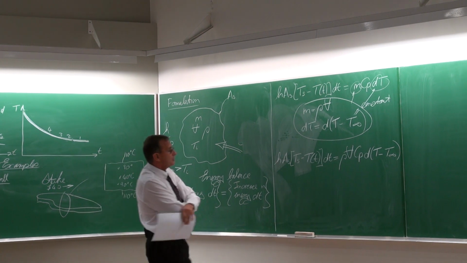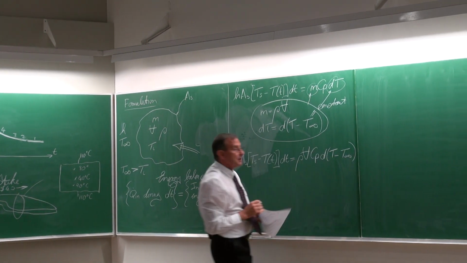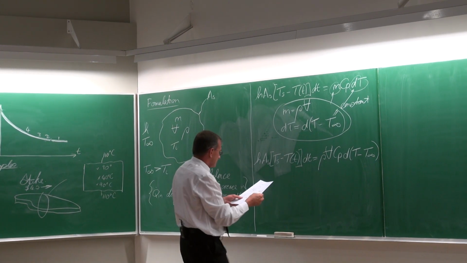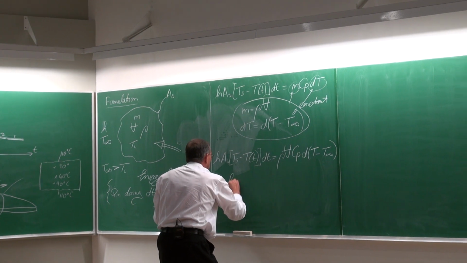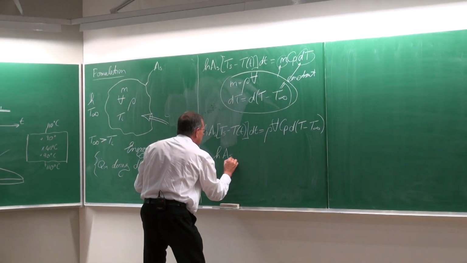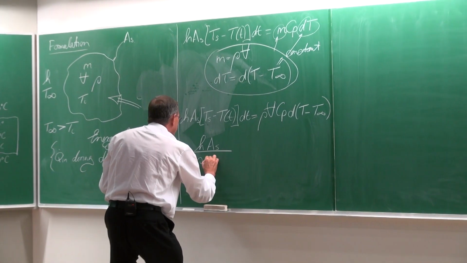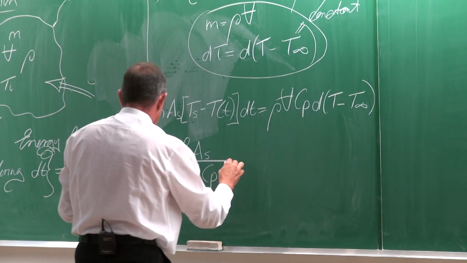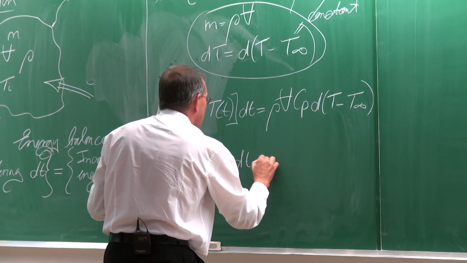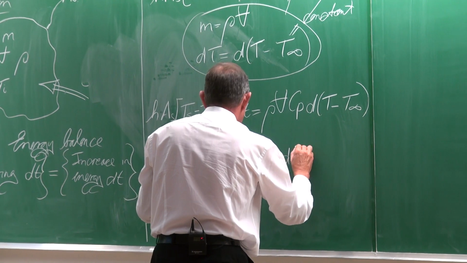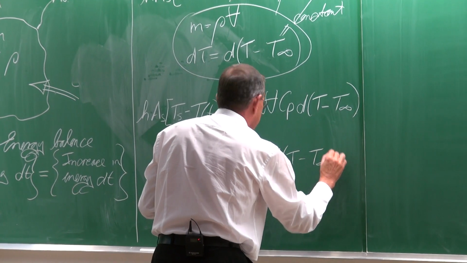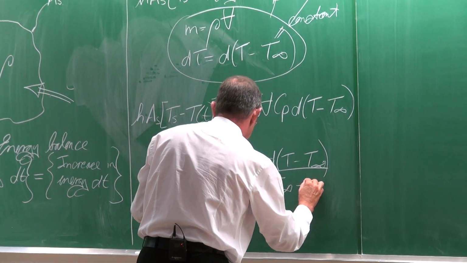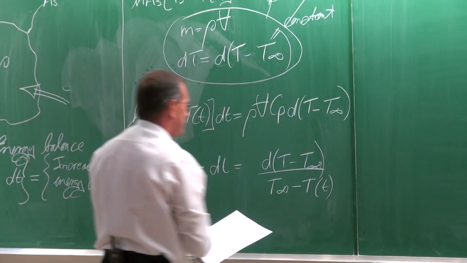Okay, so what we're now going to do is get all the temperatures on one side of the equation and the rest on the other side. So we can write it as the heat transfer coefficient multiplied by the surface area divided by rho, the volume, Cp, dt is equal to d(T minus T infinite) divided by T infinite minus the temperature.